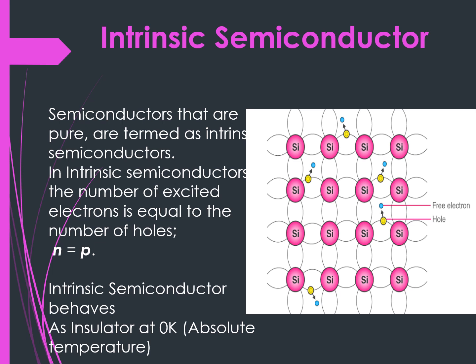Second, no impurity is doped or mixed with it. So it is a pure semiconductor, and the number of electrons is equal to the number of holes. The number of free electrons per unit volume is equal to the number of holes per unit volume, so the hole density is equal to the electron density.